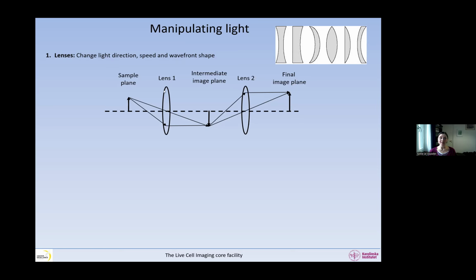So this lens is used to transform the light that comes from the sample, and this one is used to make an image of the image. Here we have an image, and here we have the image that is made from this first image. So we have this intermediate image plane. It's exactly the same that happens in our samples. In our sample, each fluorophore is actually a light source.